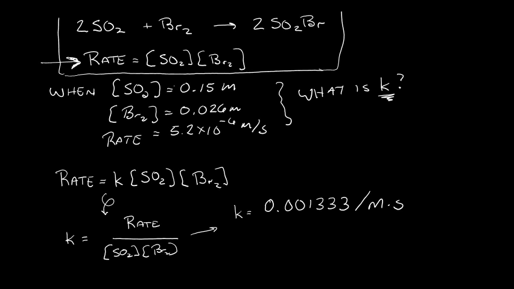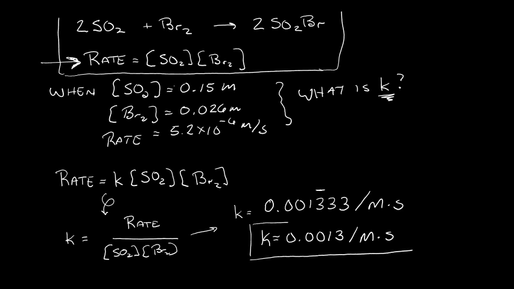And if you go back and look at the values that were given in the problem, you see that all the things we were multiplying and dividing together had two significant figures. So that means we should round our result to two significant figures. And so K is 0.0013 per molarity second. Of course, you could also write that as 1.3 times 10 to the minus 3 per molarity second.